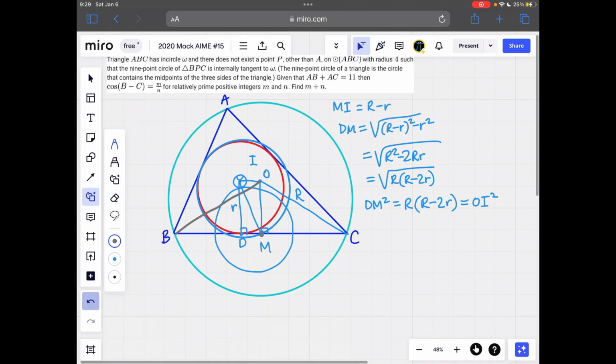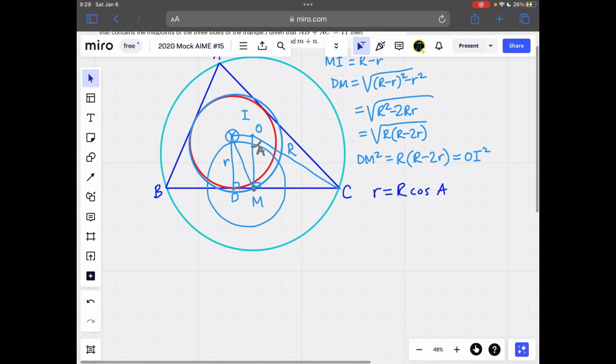But half angle COB is just angle A. So this angle here is angle A. And OM can be represented as R cosine A. Let's use a different color now. We have that little r, which is equal to ID, is also equal to big R times cosine A.